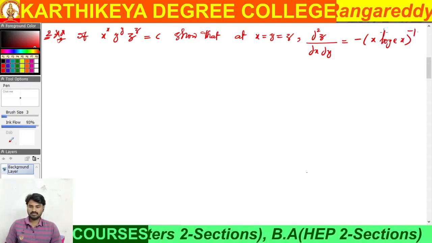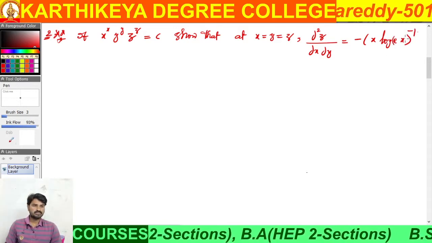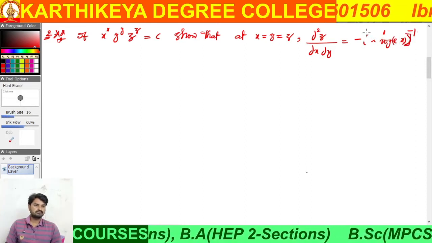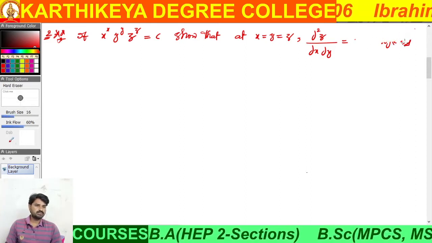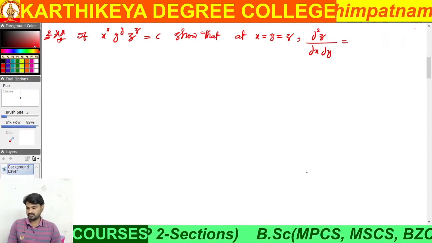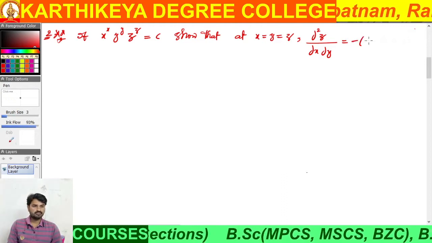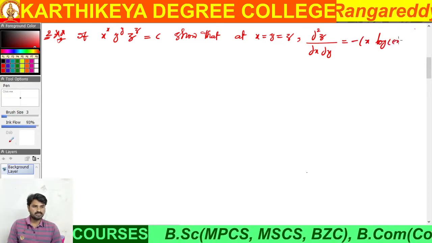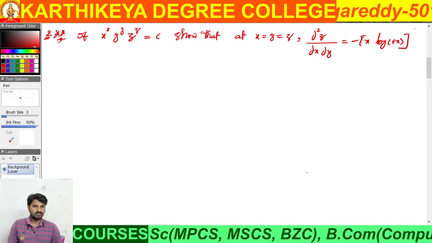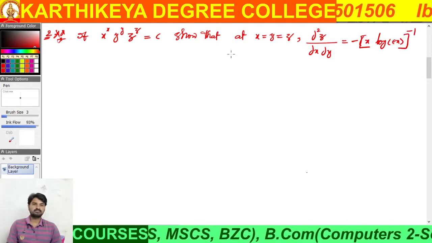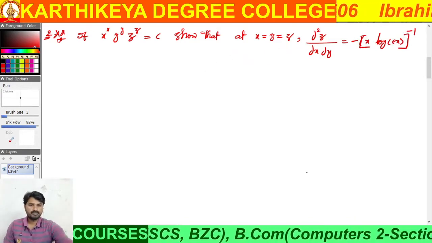This is the value we have to show. So I am going to write it again here: minus of (x log(ex)) to the power of minus 1. Okay students, this is the problem.